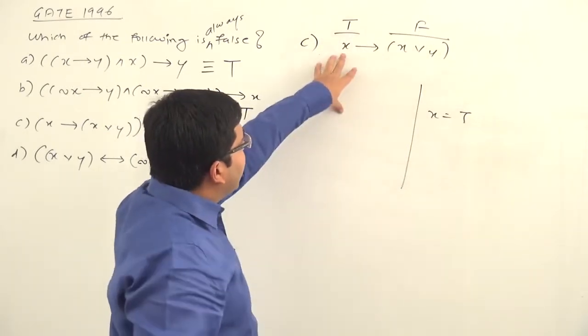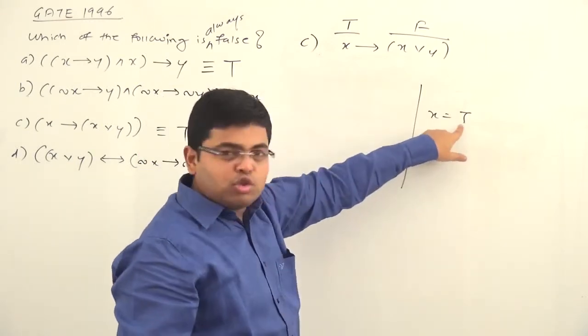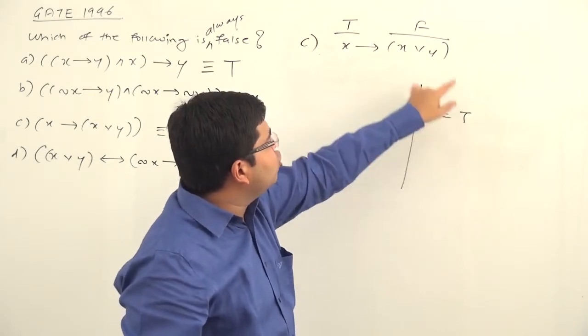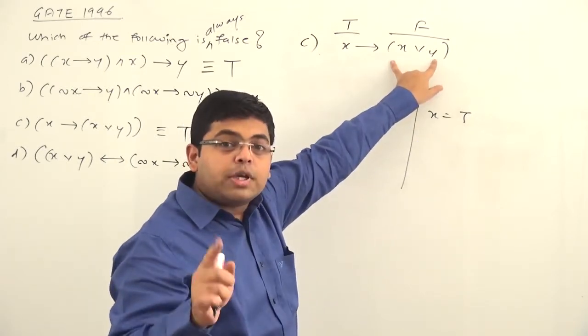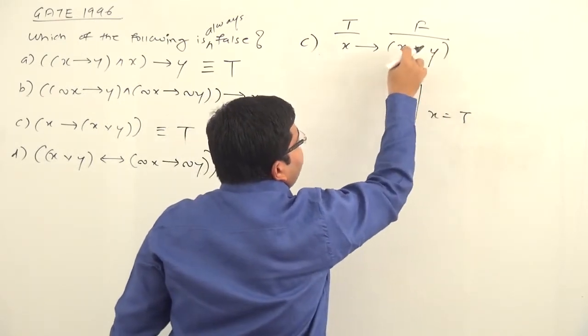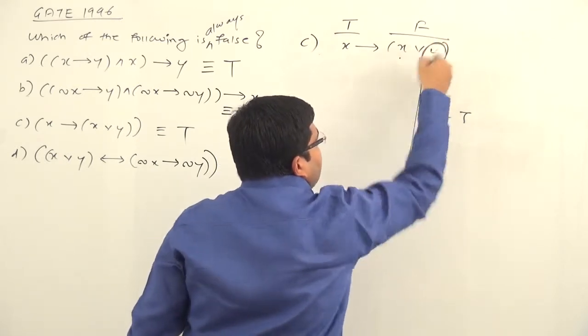If you try to make the left hand side true, you need to make x equal to true, and the moment you do x equal to true, the right hand side will also become true, because the right hand side involves a disjunction with x.